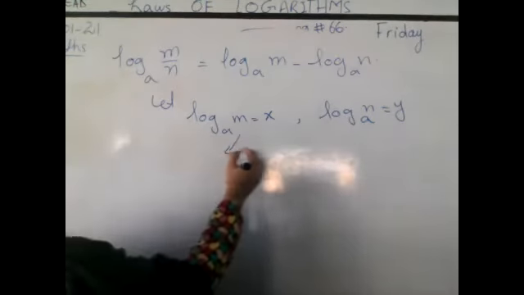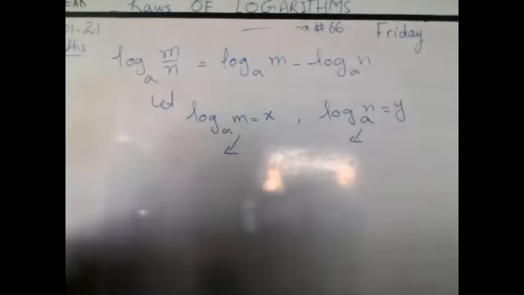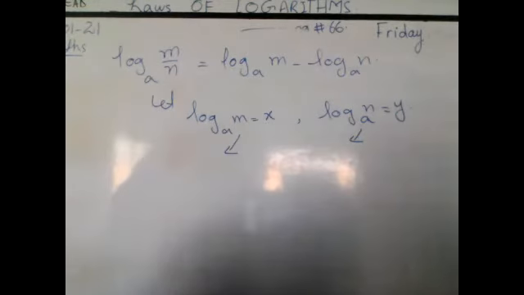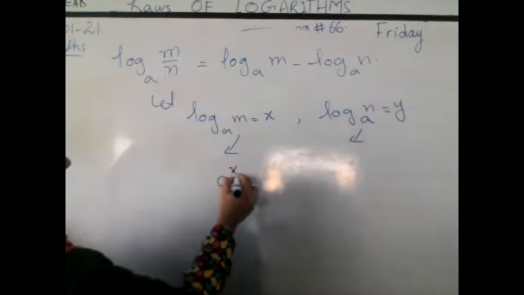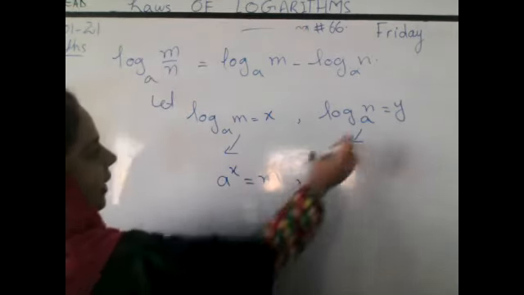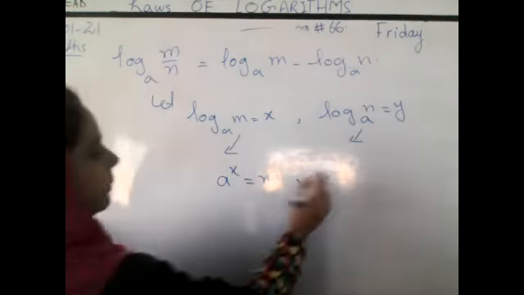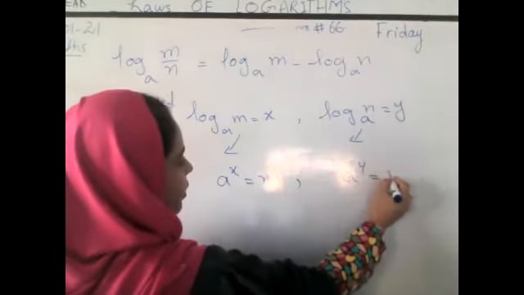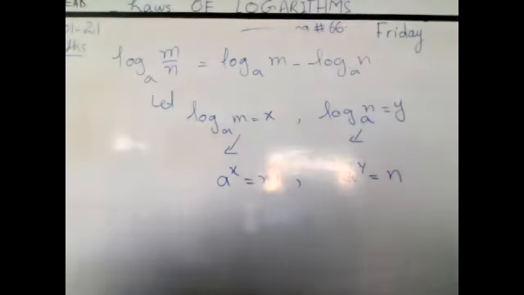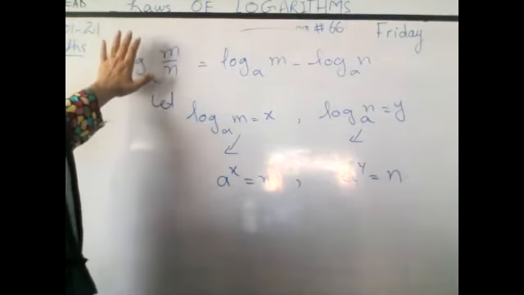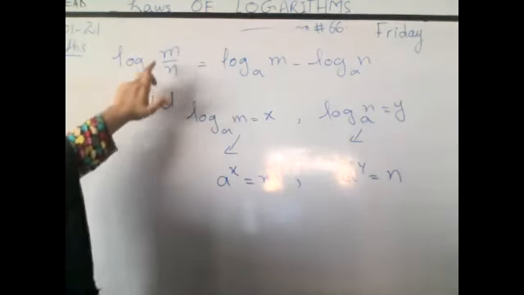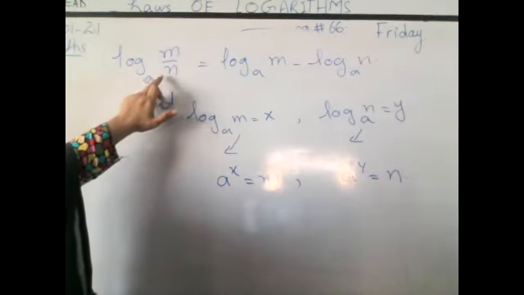What is next? Convert it into its exponential form. Its exponential form would be a^x is equal to m, and a^y is equal to n. Now you can see that in the left hand side of the law, m is dividing n.